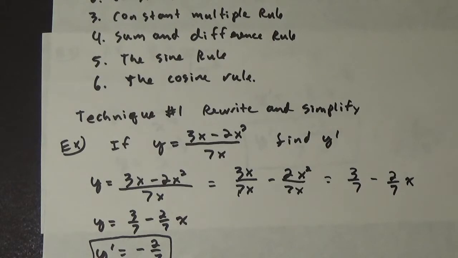So try to remember this technique. It really is a powerful one. It's one we use often, and if you can somehow get it into your brain to ask, can I rewrite this first before I take the derivative, it really does help out in finding derivatives later on as we continue our study of calculus.